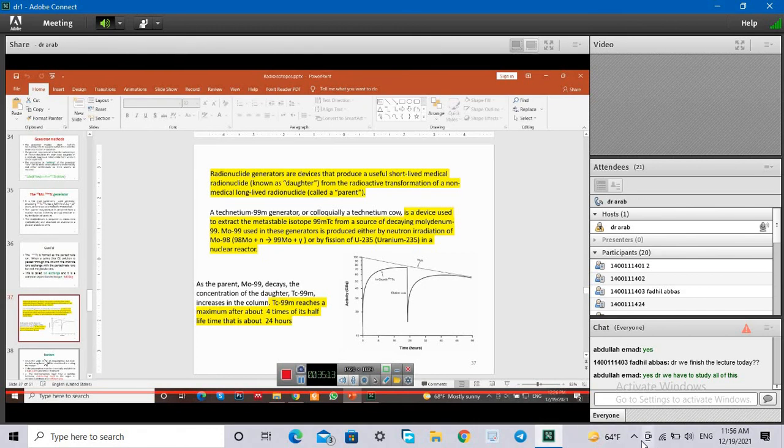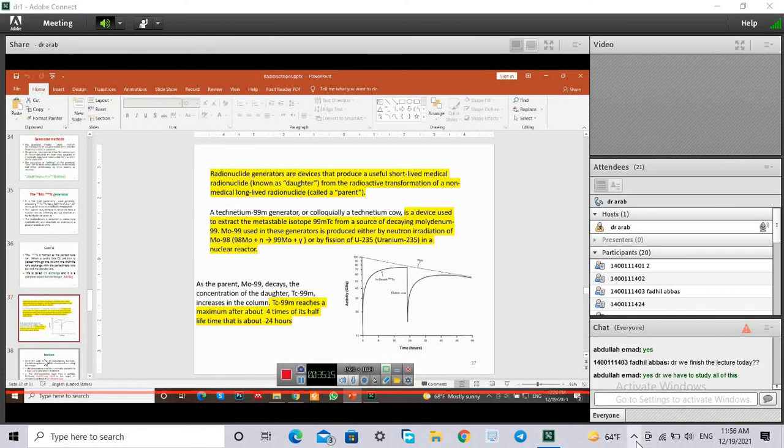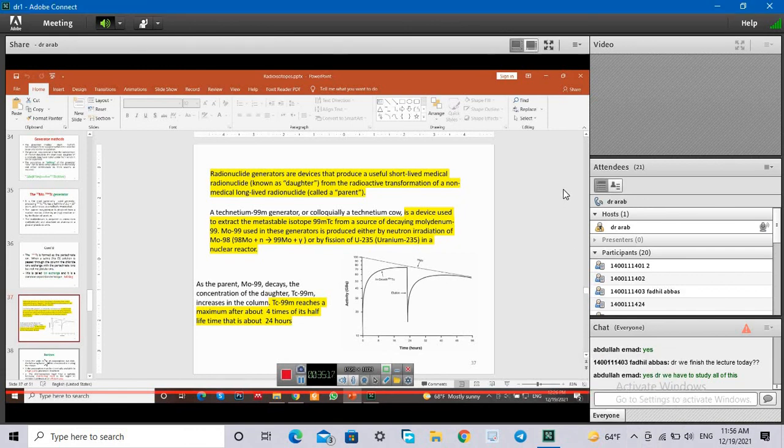As I said, in nuclear medicine, especially for imaging, we need radionuclides with a very short half-life. And for this aim, we can produce them in a generator.